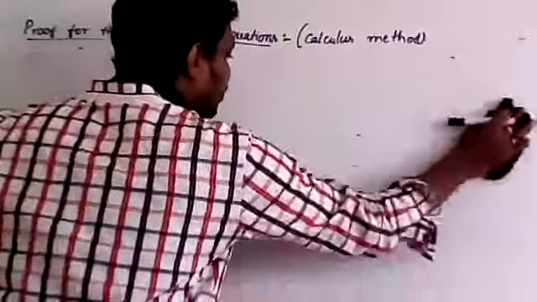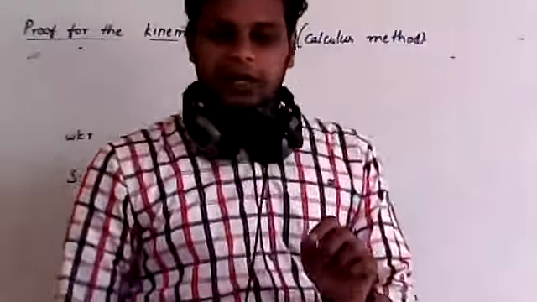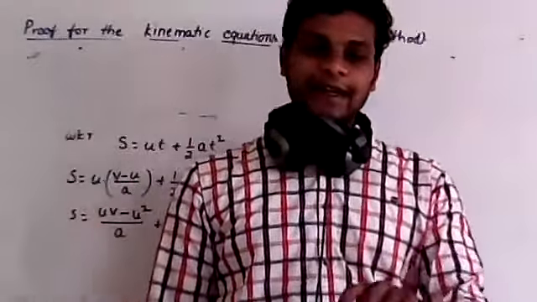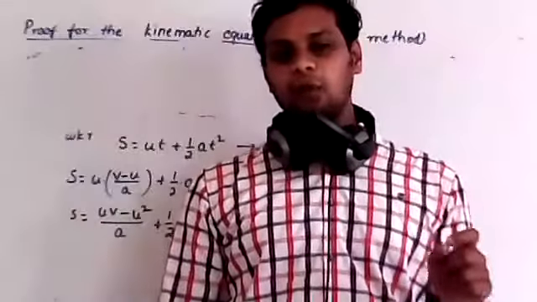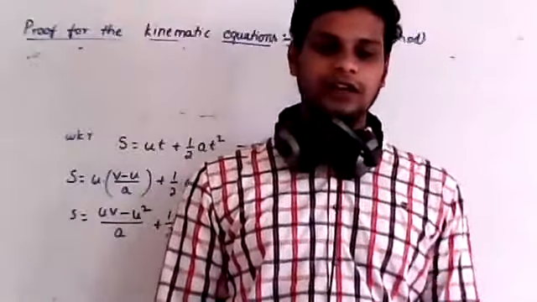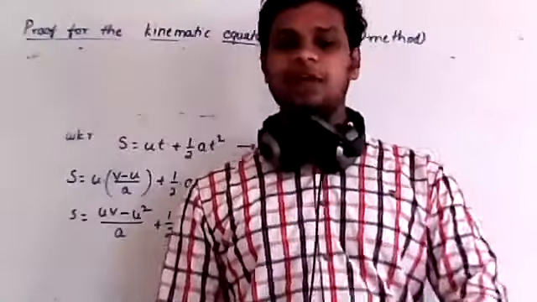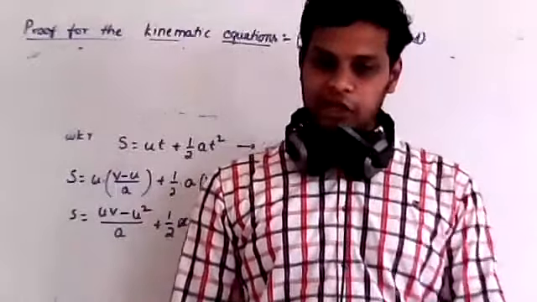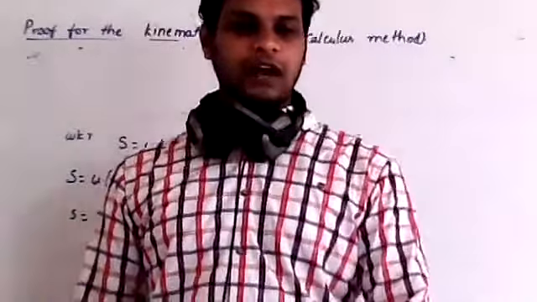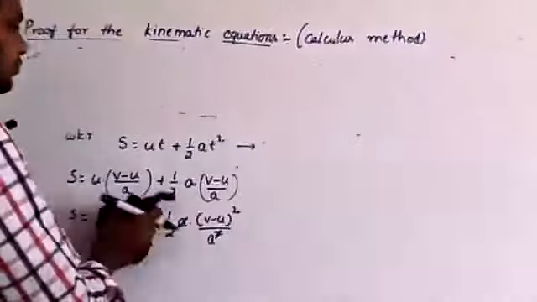Now the calculus method. One more point I'm going to tell you. In your final examination, if they ask to prove s is equal to ut plus half at square, you can prove by any method, no problem. But if they mention prove with the help of the graphical method, then you have to use that method. Or prove by using the calculus method, then you have to use this method.